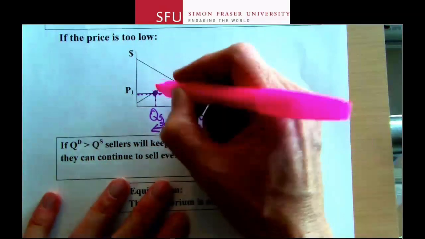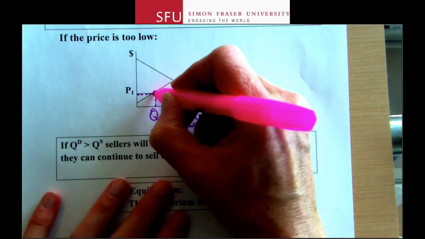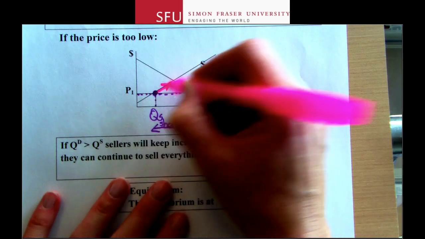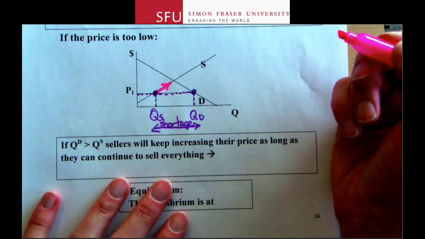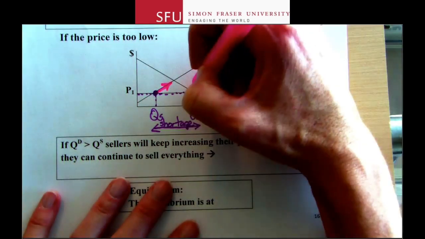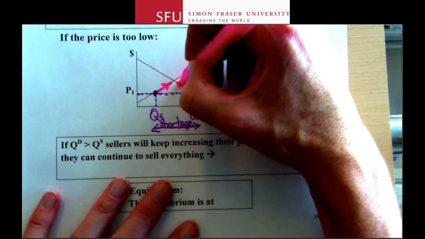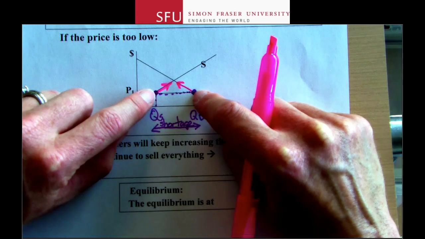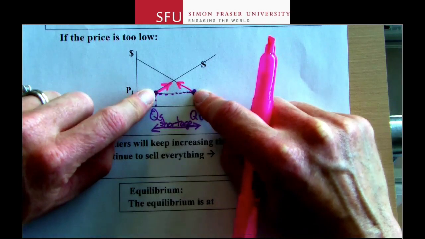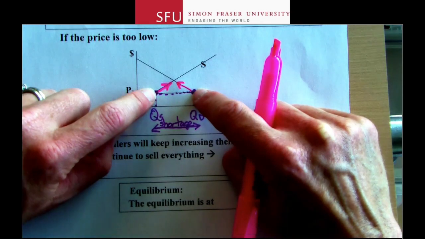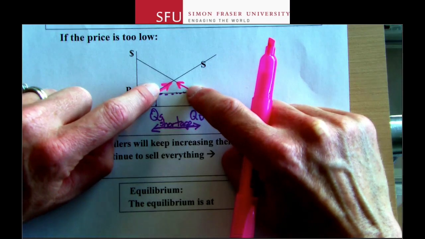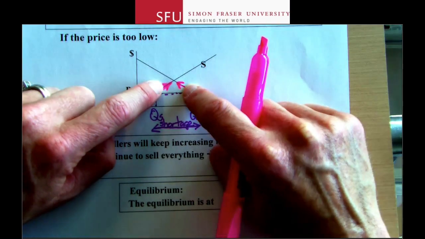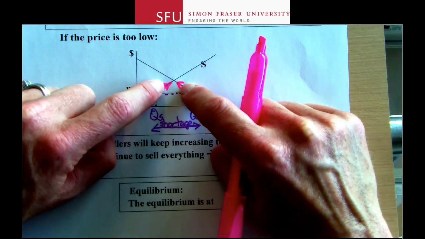Okay, so as the price goes up, the seller will produce more for sale, and at the same time, the buyer does not want to buy as much. So the shortage was this big at P1, but as the price goes up, because the quantities become closer together, the shortage will get smaller and smaller.